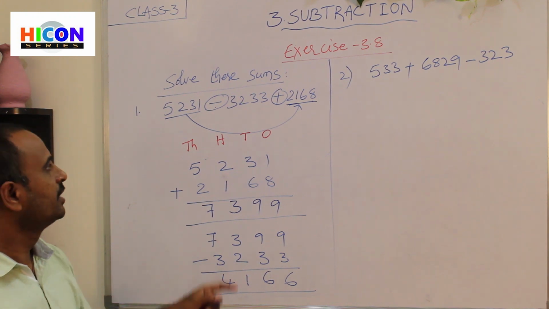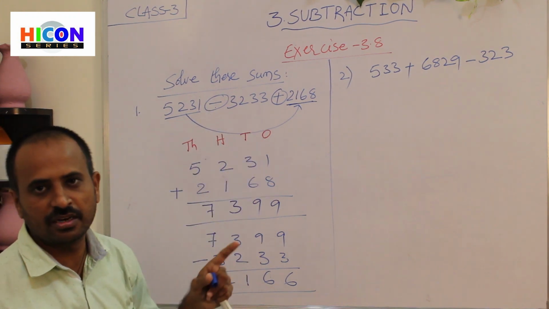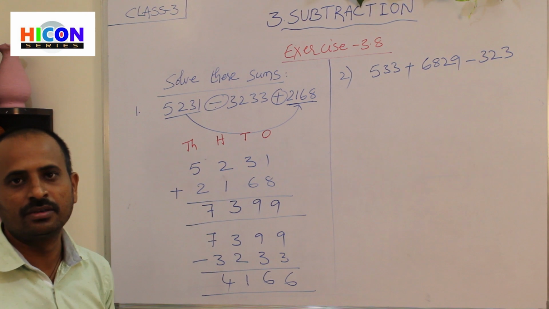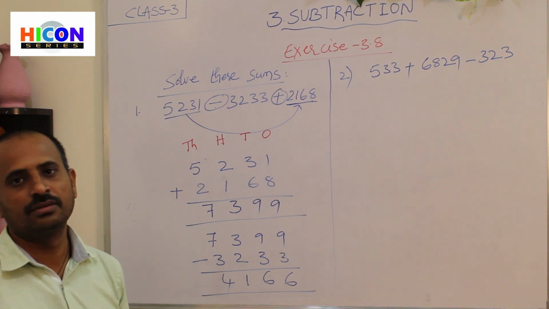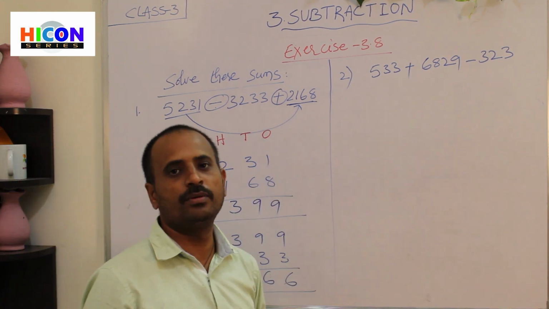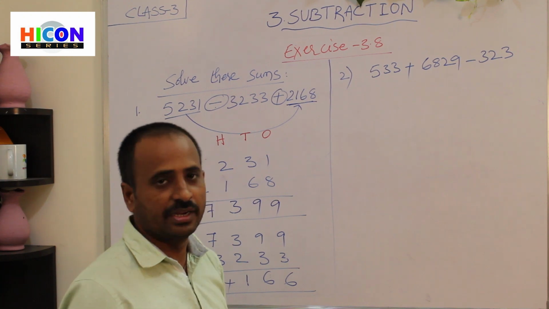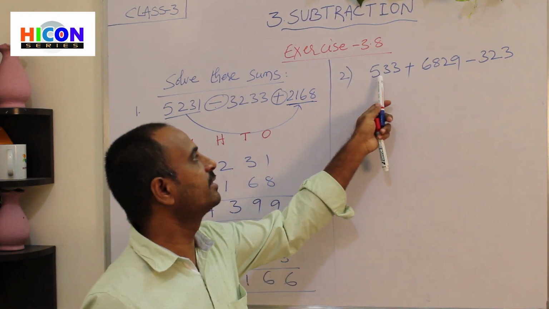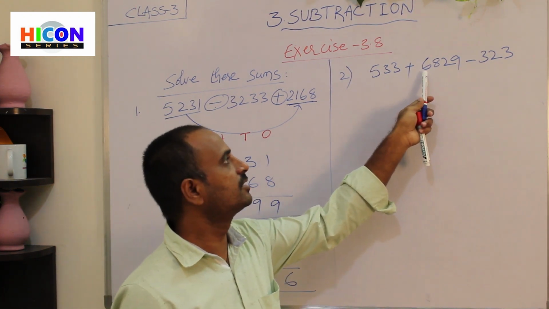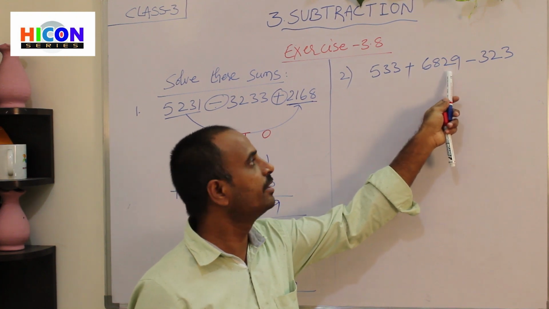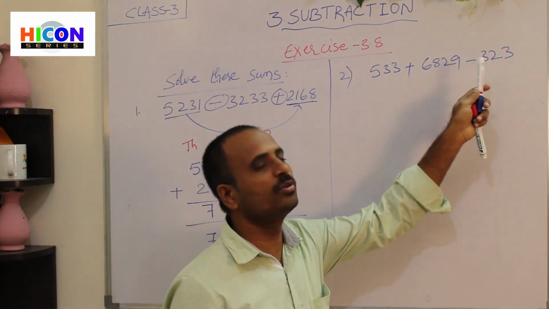In this way, if both addition and subtraction are there, first we have to do addition, next subtraction. So see the next problem, the second problem. There are also 3 numbers given: 533 plus 6,829 minus 323.